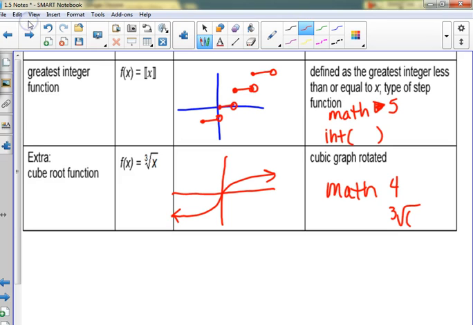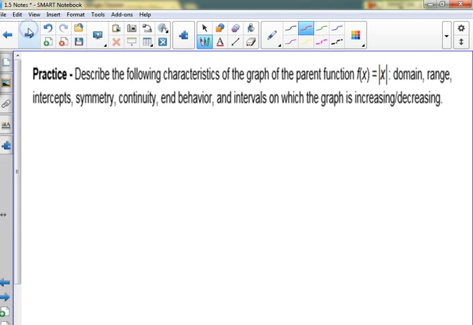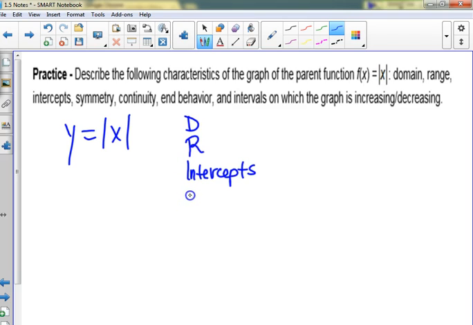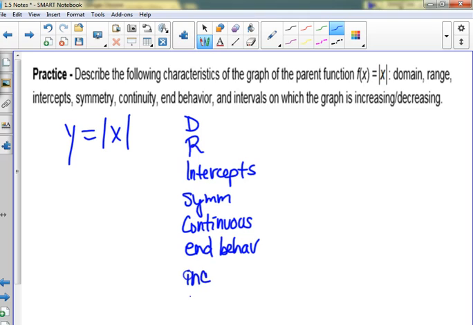We're just going to spend 2 more minutes talking about parent functions because we're going to be reviewing all this fun vocabulary. So here's my first one, an absolute value graph. I want to know the domain, range, intercepts, symmetry. I want to know if it's continuous, end behavior, and where it's increasing or decreasing.